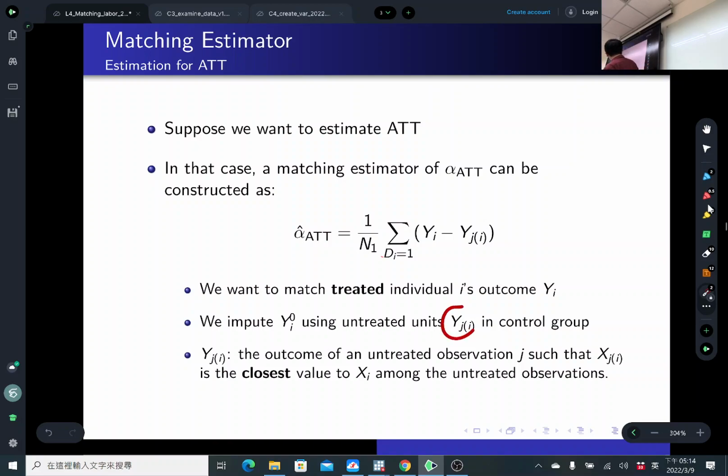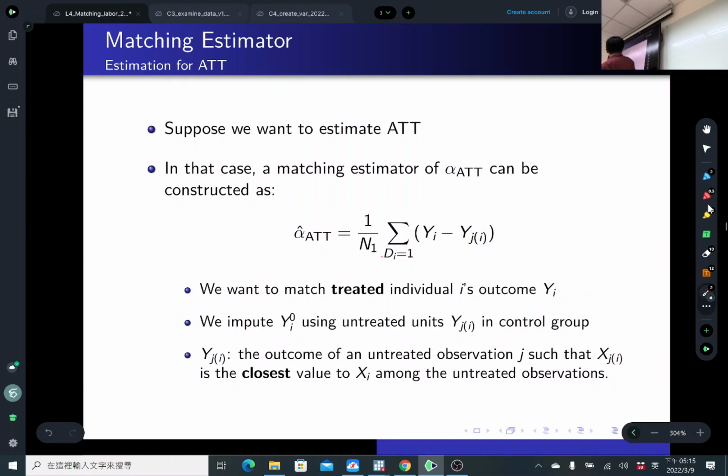And what kind of unit you need to choose is the observation J, because observation J's characteristics are very close to individual I in the treatment group. So you basically choose this unit based on whether their characteristics are similar to a treated unit or not, and use them.